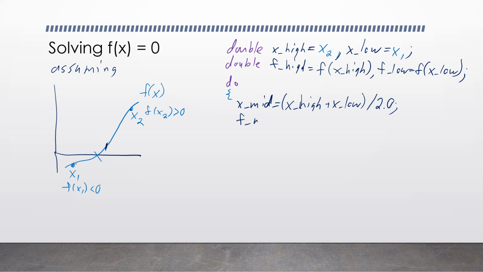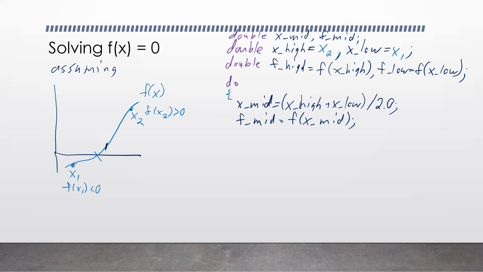And f mid, I have to have declared these up here. I forgot to do that. Double x mid, f mid. F mid is f of x mid. That's easy.